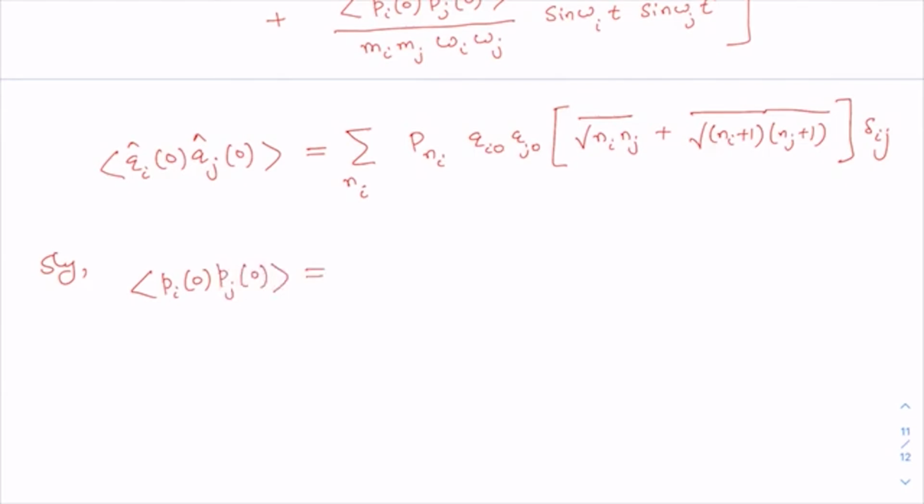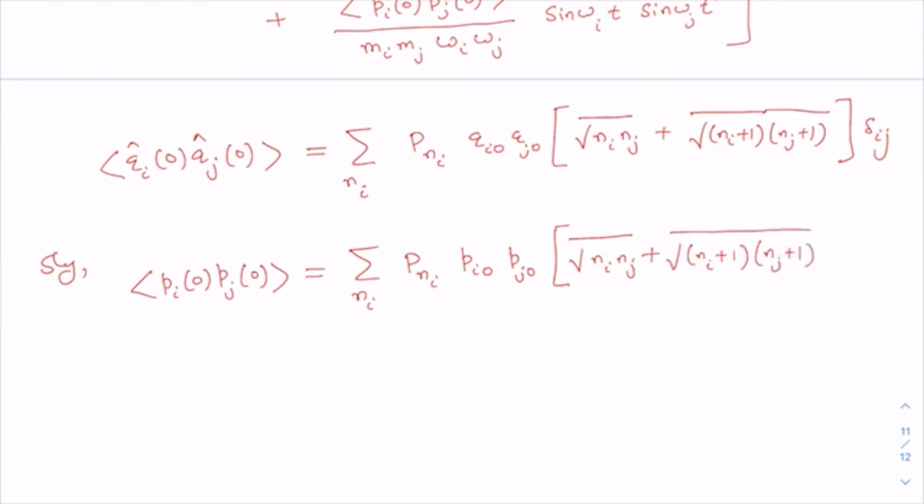equal to the summation over ni of p_ni, with the same form, square root of ni nj plus square root of (ni+1)(nj+1), and you have delta ij.